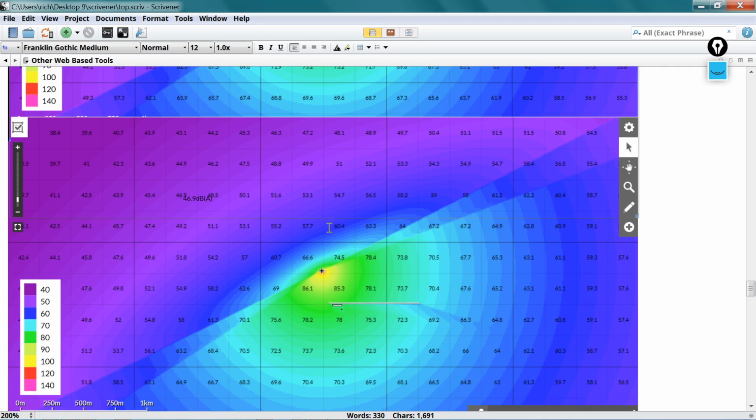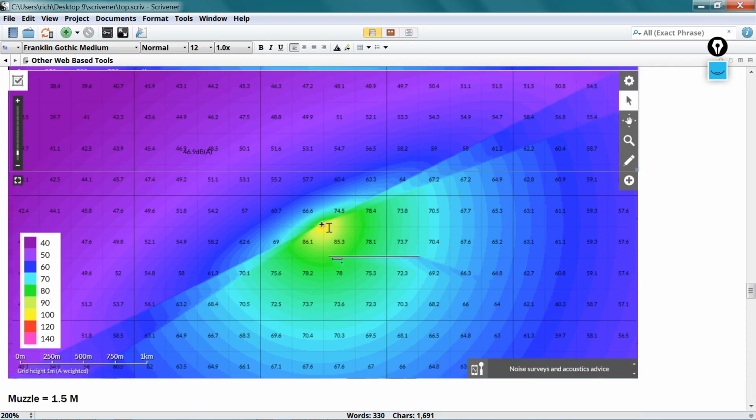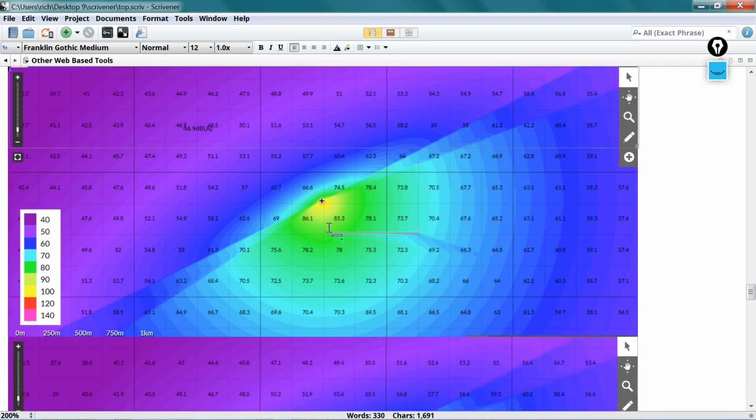100 meters at elevation. If we drop the elevation of the shooter down to 15 meters, which is about 45 feet, say on top of the tram building, then you get some modification at longer distances here. As you can see, the green area isn't quite as spherical or circular as it used to be.